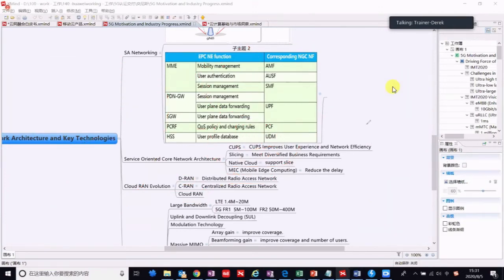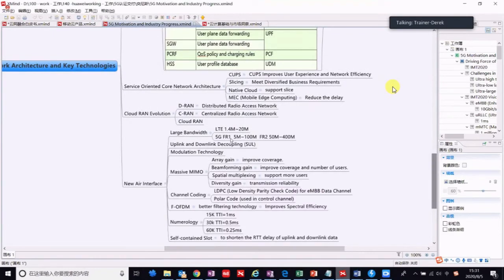And also we learned the new air interface. This is our large bandwidth. For LTE, there is just this bandwidth, and for 5G, the bandwidth is enough. So why can our 5G support 10 Gbps?